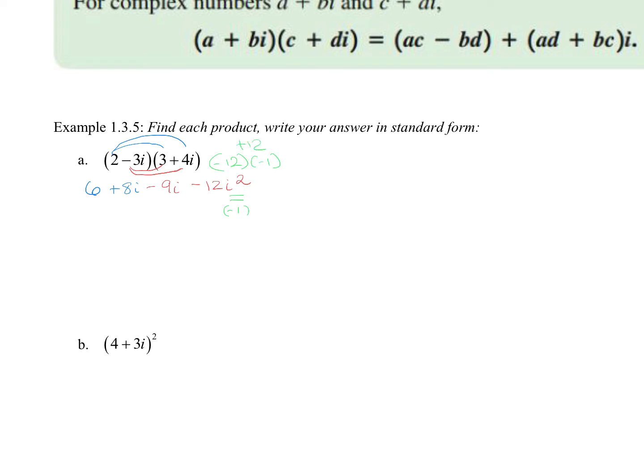So I have 6 plus 8i minus 9i plus 12. 6 plus 12, those are real pieces, is 18. And then 8i minus 9i is just minus an i.